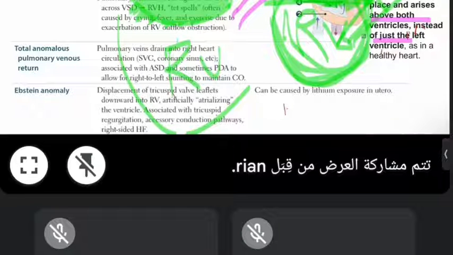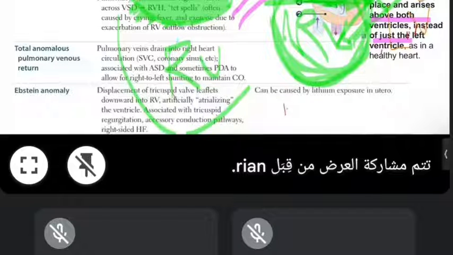So this left atrium will get this deoxygenated blood, the mixed blood. Let's have mixed blood, oxygenated and deoxygenated. This mixed blood will go to the left ventricle.